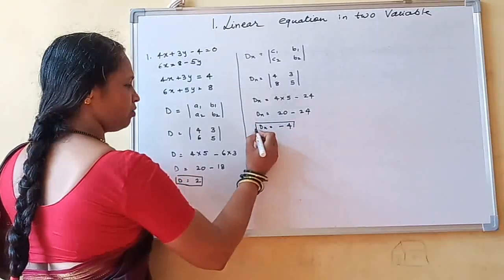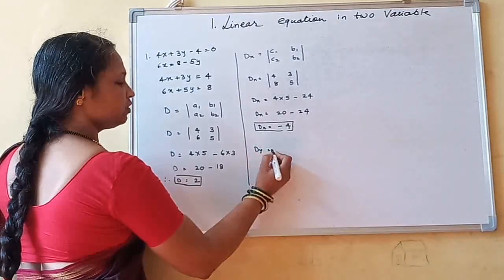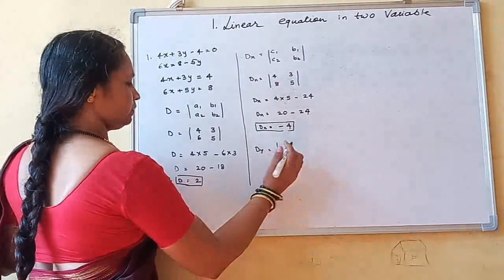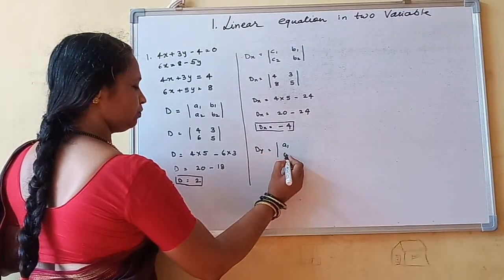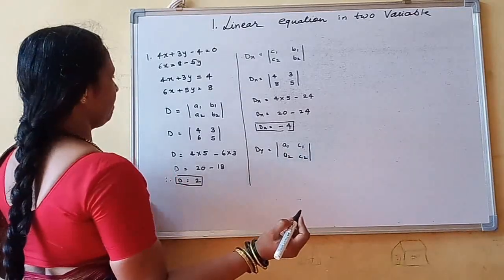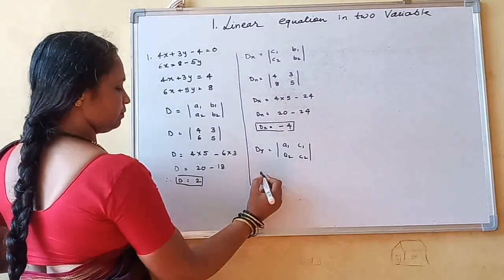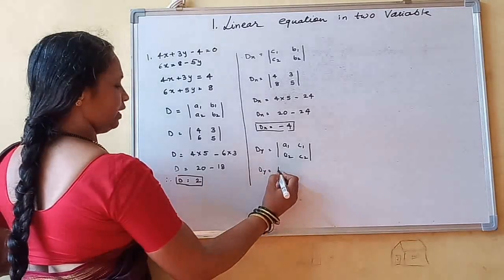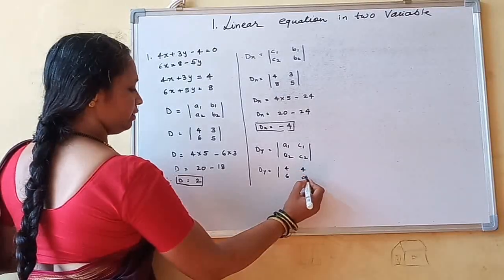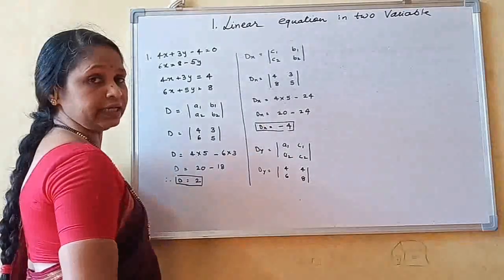Now we have to find the value of Dy. Dy is equal to the determinant of A1 A2 C1 C2. A1 is 4 and A2 is 6, C1 is 4 and C2 is 8. Here all the terms are positive, so all signs are positive.